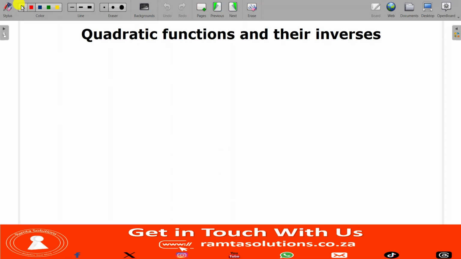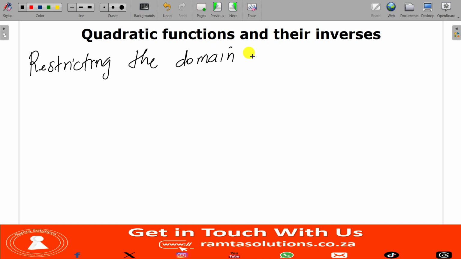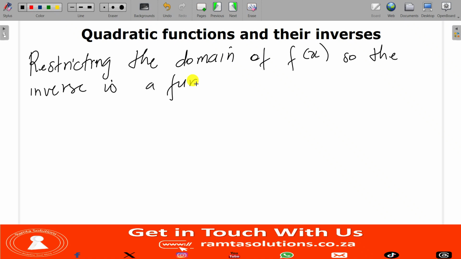So now the part that we're going to look at is restricting the domain of f of x, especially the quadratic, so that the inverse is a function.